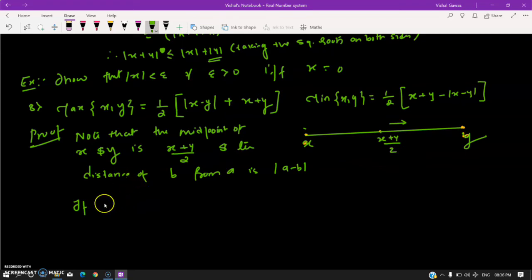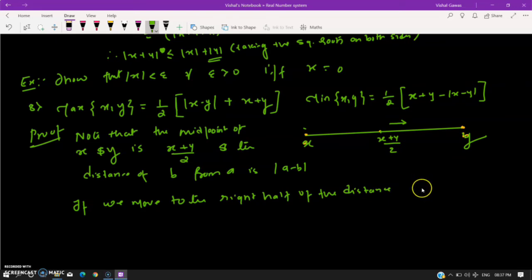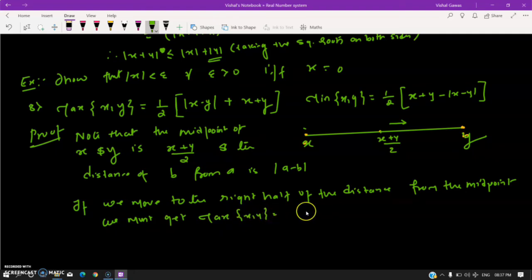If we move to the right half of the distance from the midpoint, we must get the maximum of x and y equal to x plus y by 2.